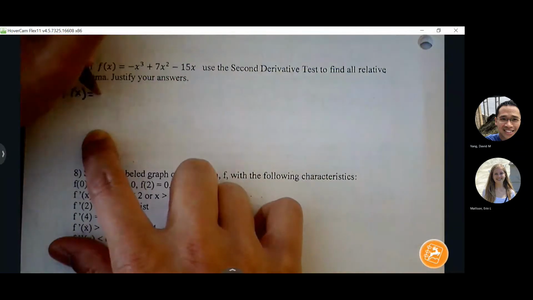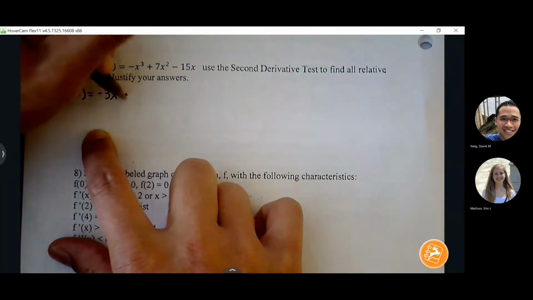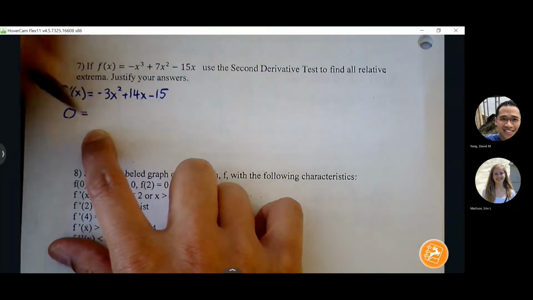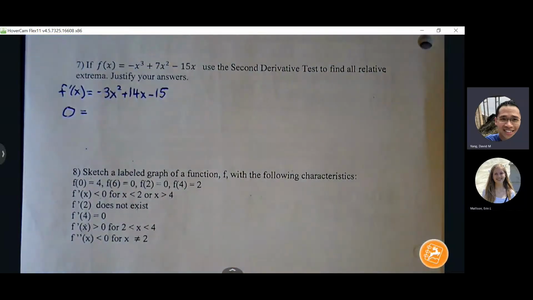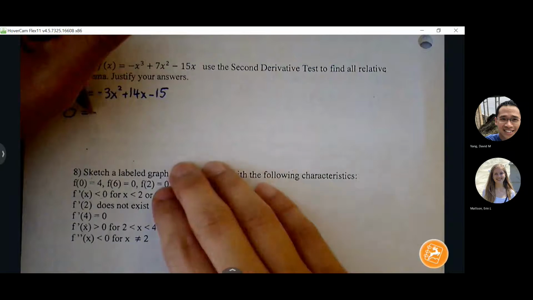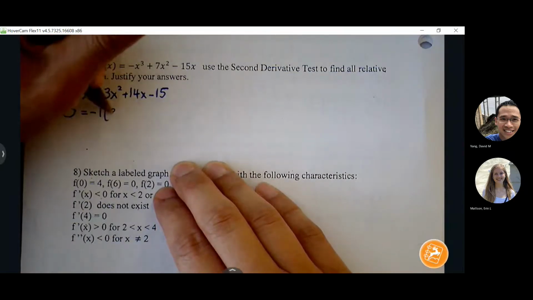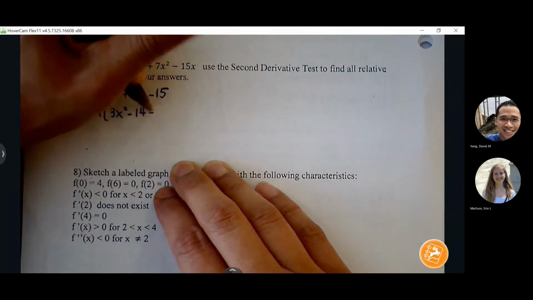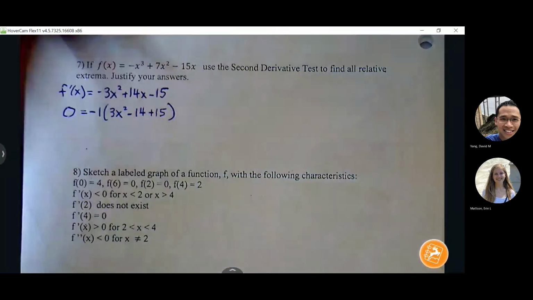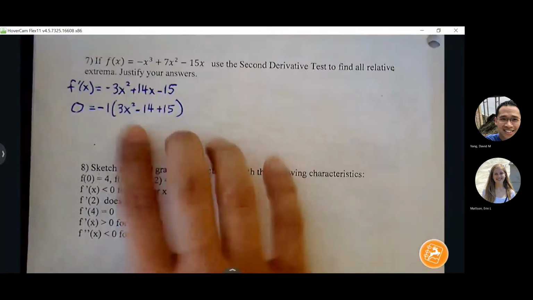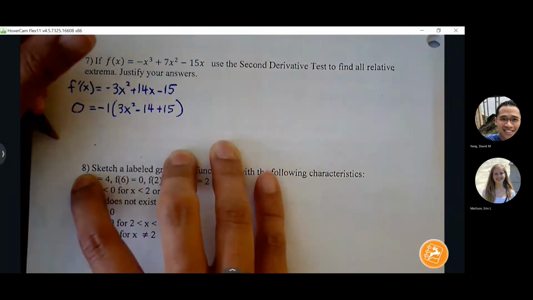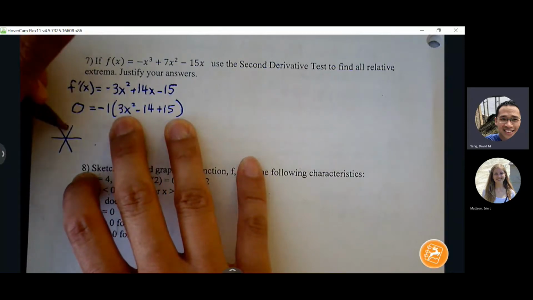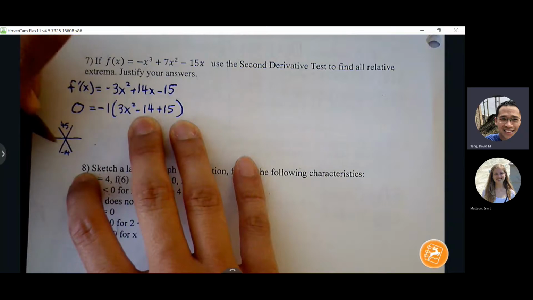With the power rule. Okay, we still set f prime equal to 0. I like to factor with my first term being positive. Multiplies to be a times c, which is 45. Adds up to be negative 14. I have 33.